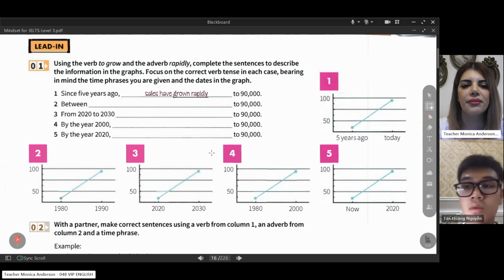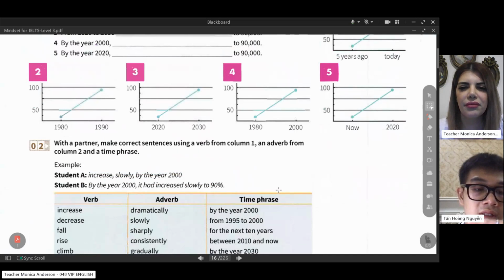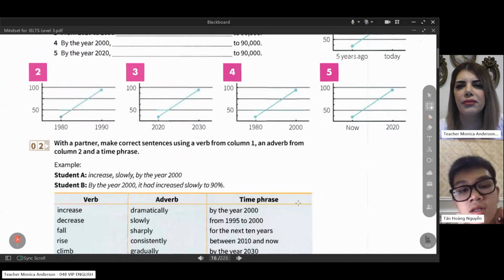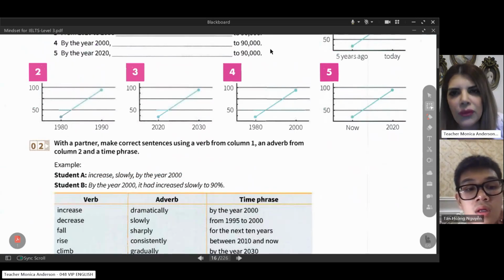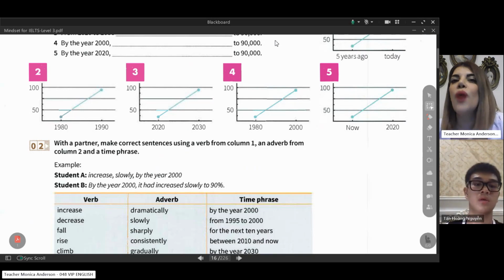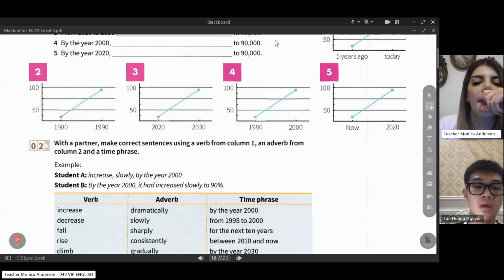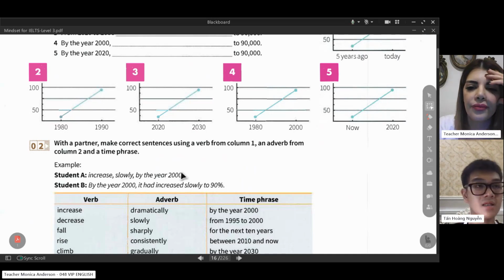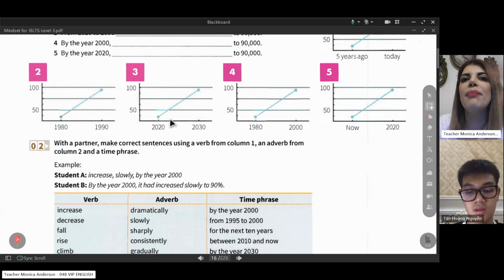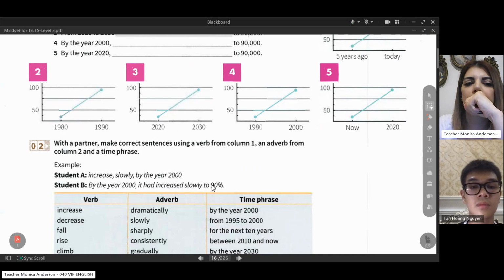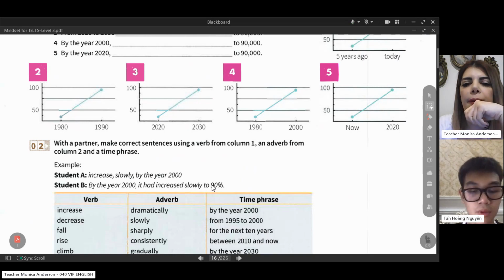Now, between 1980 and 1990. What tense do you need to use? I think that's past tense. Past simple.